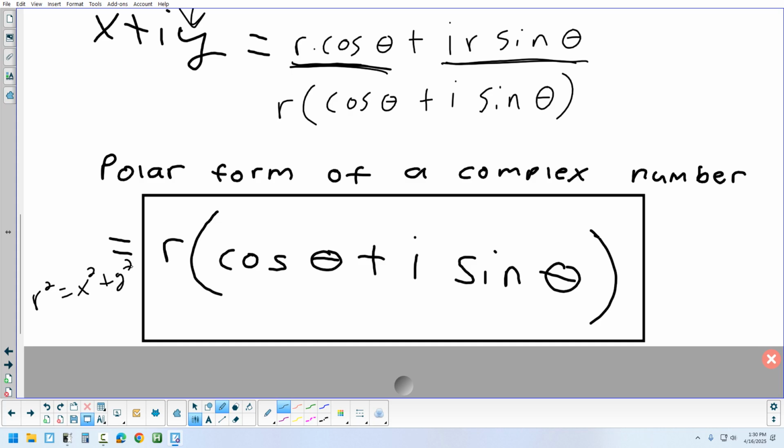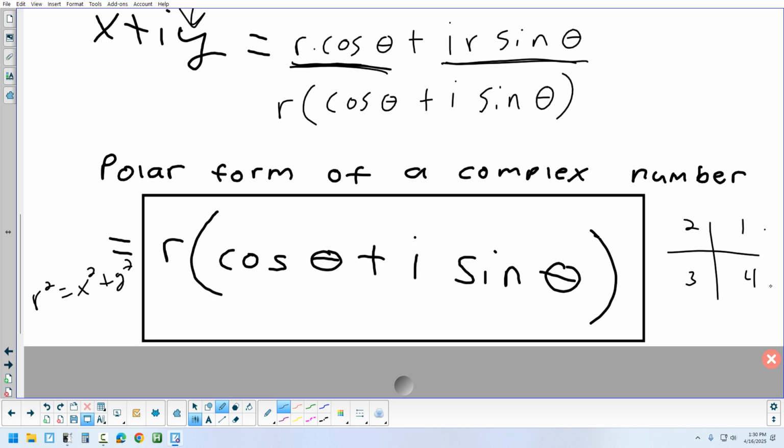And how did we figure out theta? We decided what quadrant it was in and then used the formula for it. What was the formula for quadrants 1 and 4?